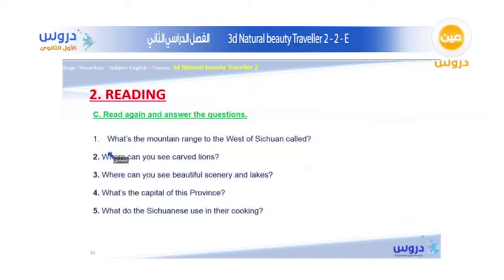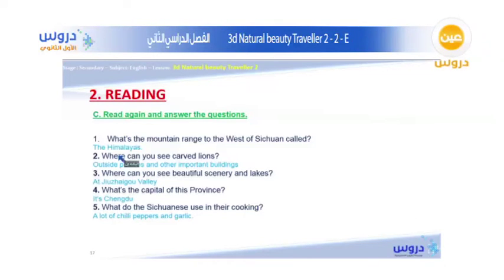Read again and answer the questions here. Question number 1. What's the mountain range to the west of Sichuan called? Okay, so the mountain range here is Himalayas. Number 2, where can you see carved lions outside palaces and other important buildings? 3, where can you see beautiful scenery and lakes?